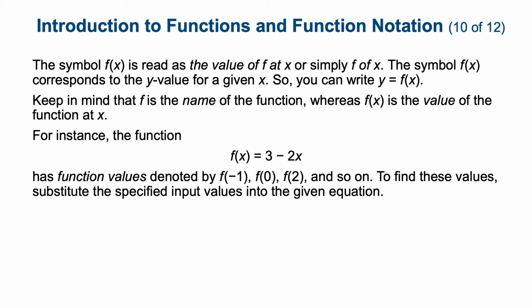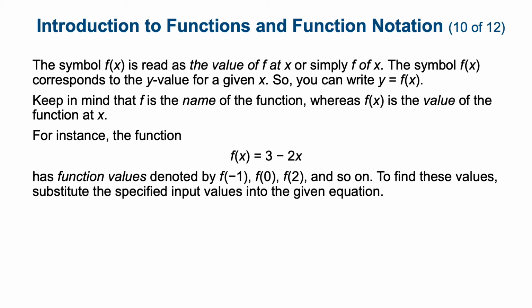So when you write y equals f of x, that makes sense because basically this could always be replaced by a y, okay? Just like y is the output, f of x is also the output of the function evaluated at x.